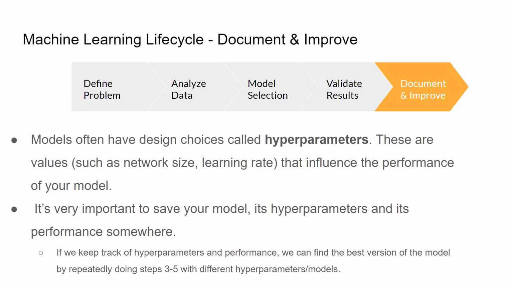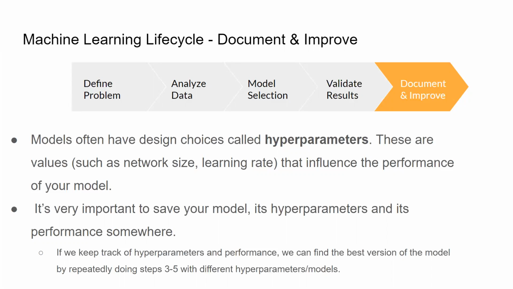So what's important to do here is to save your model, number one. Then you want to document the hyperparameters that model is associated with, and the performance, so how good the accuracy of that model is. If you're able to keep track of all of these things, you're going to want to start iterating on these training loops. You're going to say, okay, now I have this accuracy, but I want to do better.